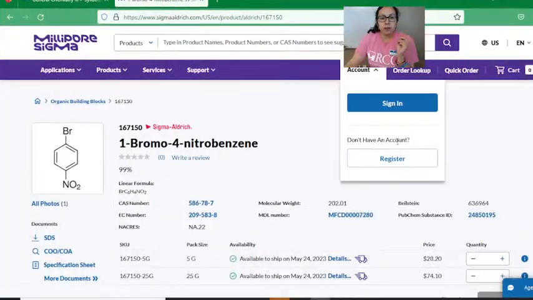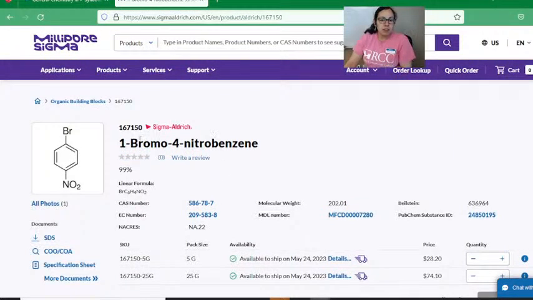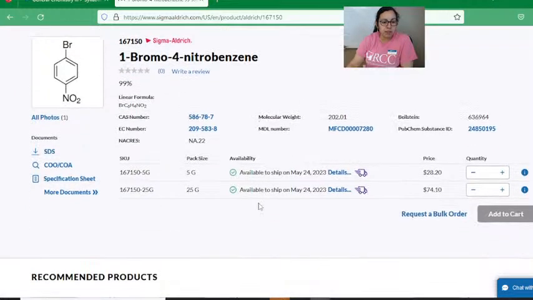I just pulled up one as an example. For some reason, Sigma Aldrich names it 1-bromo-4-nitrobenzene. Sometimes they may even swap the numbers, because people number the priorities differently.